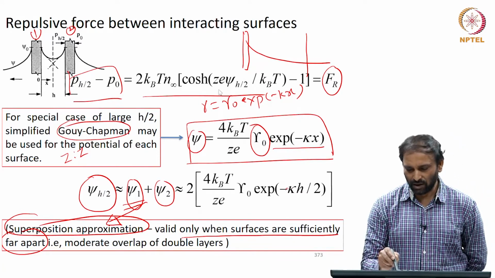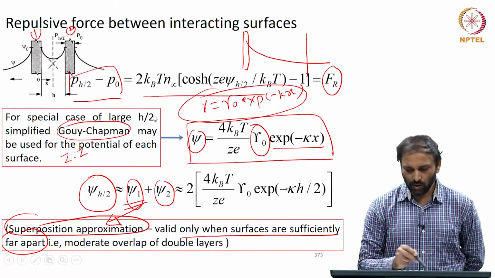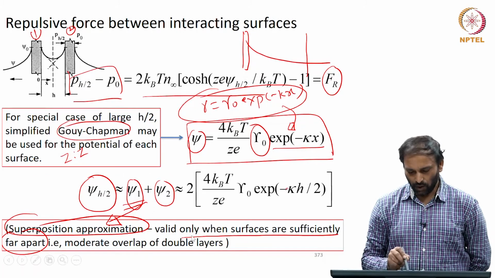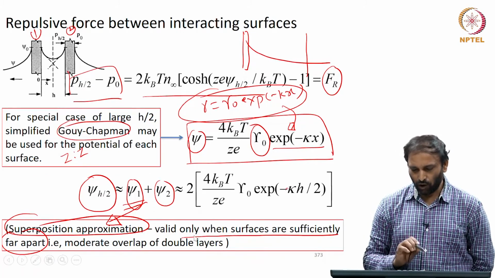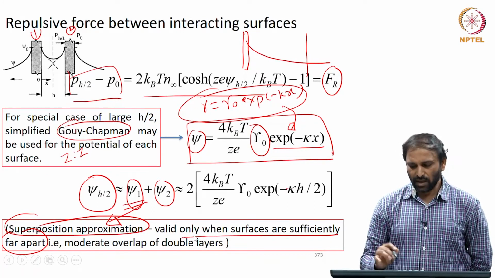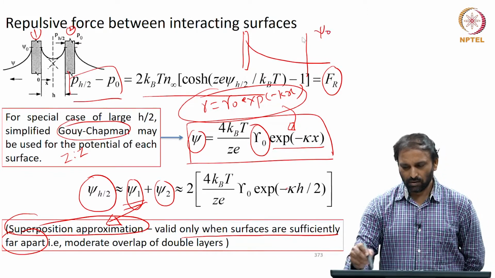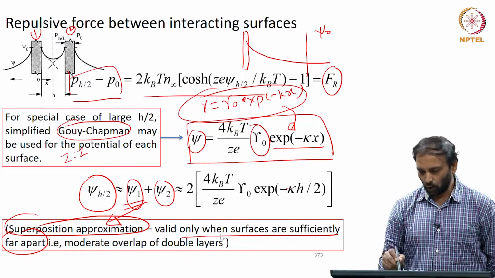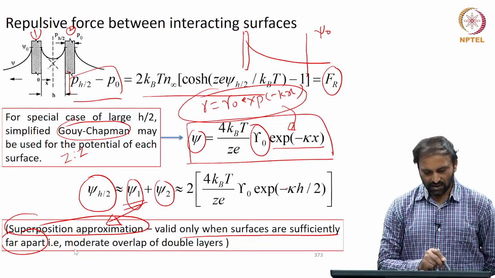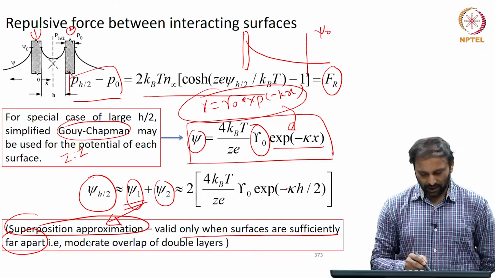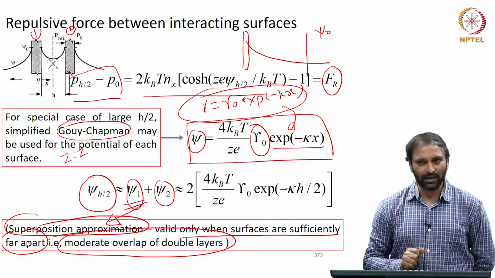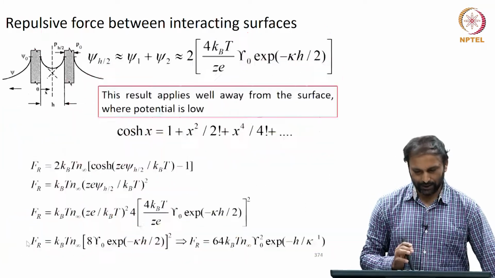That is what I mentioned, that the Gouy-Chapman theory was simplified to give this expression, which is applicable for any psi naught. The psi naught could be very high, however, this is valid only when the surfaces are sufficiently far apart, that is, we are considering a case where the overlap of the double layers is moderate.